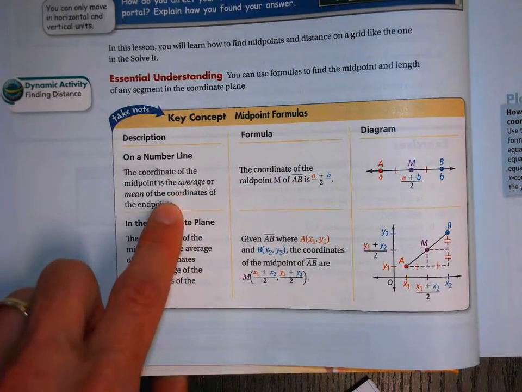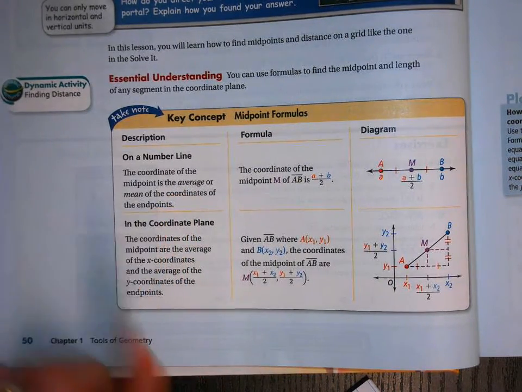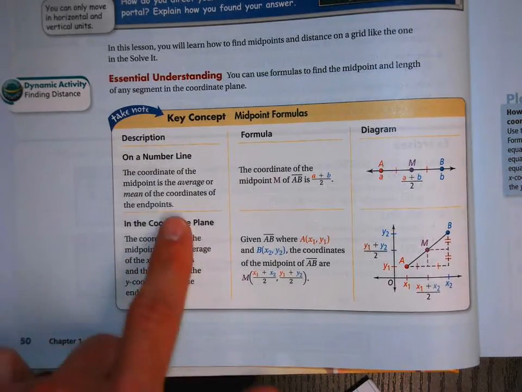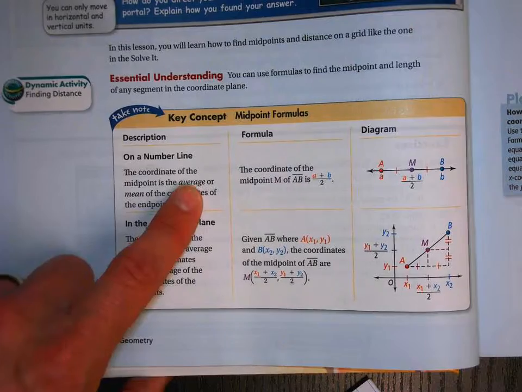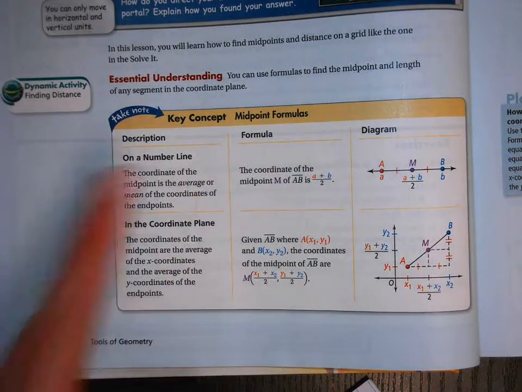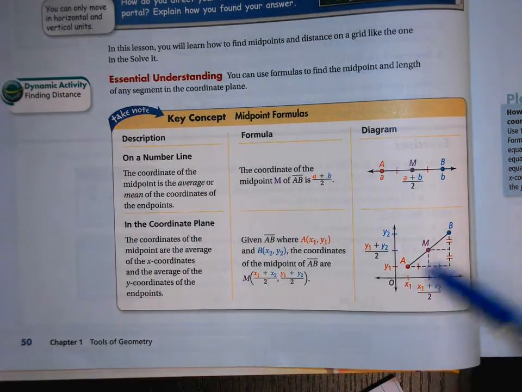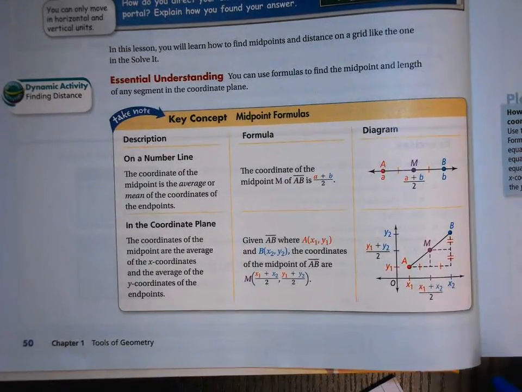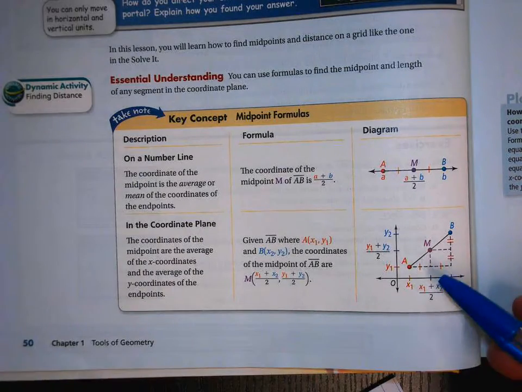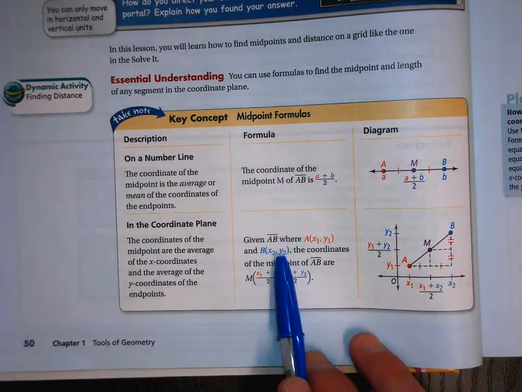The average of the values, and that's a pretty significant note there, because that note is the same as the coordinate plane. If you look at the coordinate plane note, this is kind of crazy. If you have a segment somewhere in space on the coordinate plane, and you have ordered pairs now, segment AB.